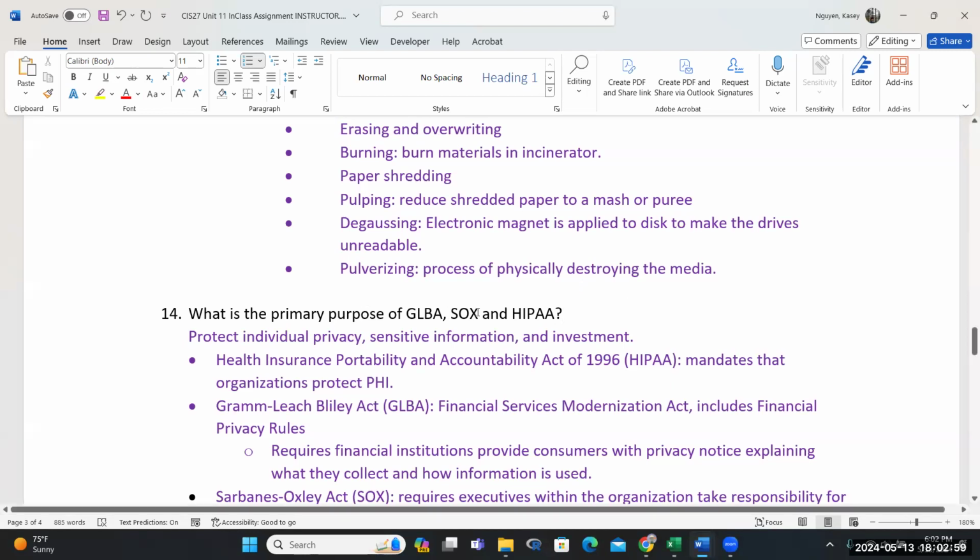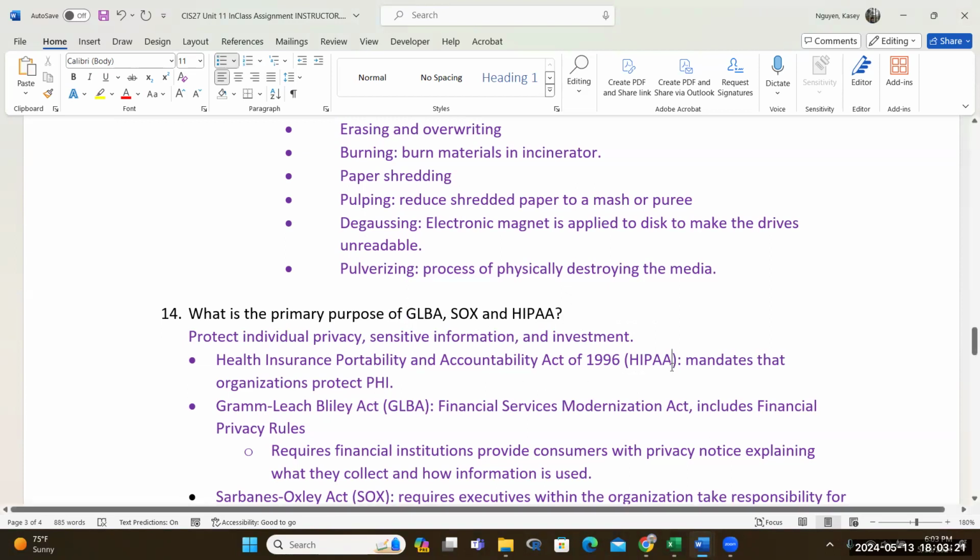The primary purpose of these three compliance bodies is really to protect the customer, the patient, or the client's privacy, their sensitive information, and overall investment when you're looking at a banking or financial system.